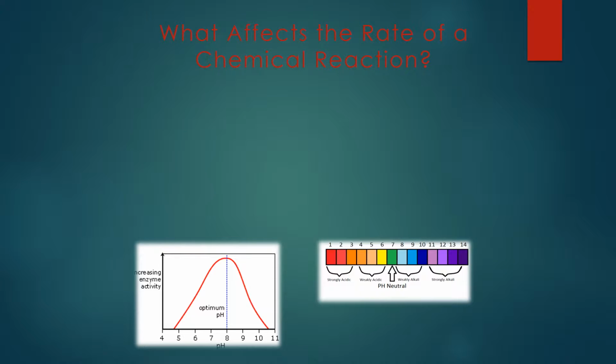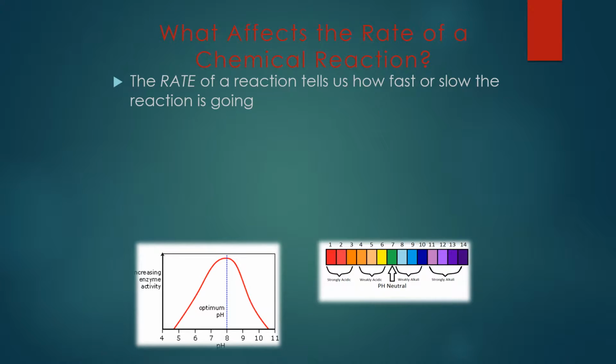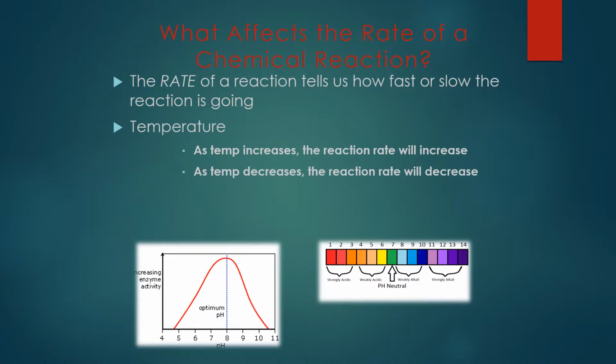Okay, so there are some things that are going to affect any chemical reaction, whether it has an enzyme or not. And when I say the rate of reaction, it just means how fast or slow it's going. So temperature, we saw that with the film canisters.